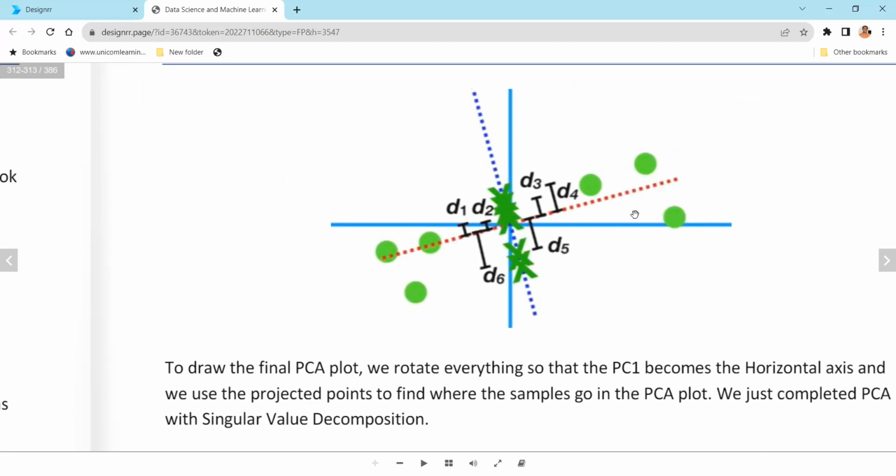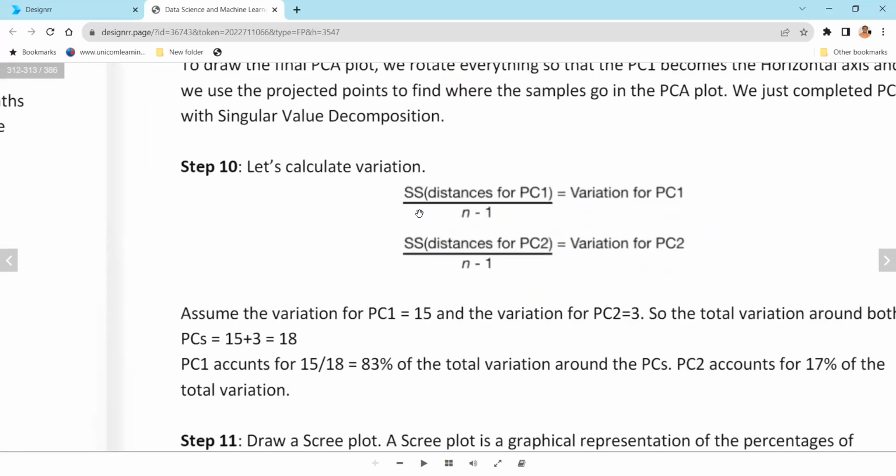So you have to move red onto this blue, and this dotted blue onto this y-axis. Now your points will also change, right? Obviously. So the first step was to move it along origin, and second step here is move it to the axis.